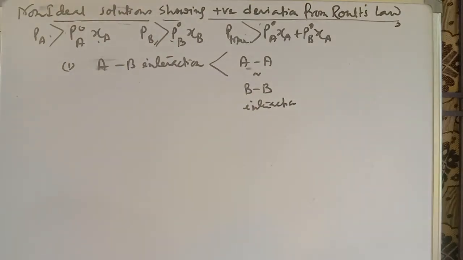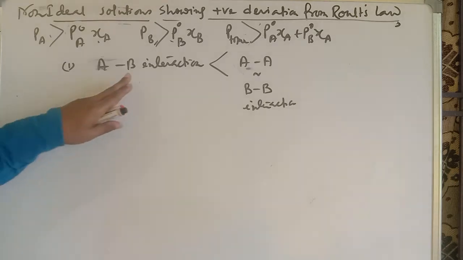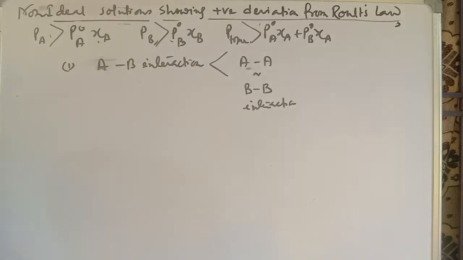That is, after mixing, the interaction decreases. If the interaction is weak, then the molecules can escape easily because the bond is weak and can be broken easily. So if this interaction decreases, the liquid can vaporize easily, so vapor pressure will increase. That is why it is called positive deviation.